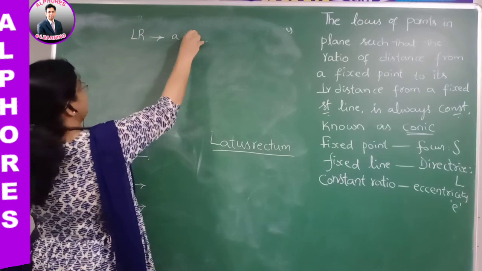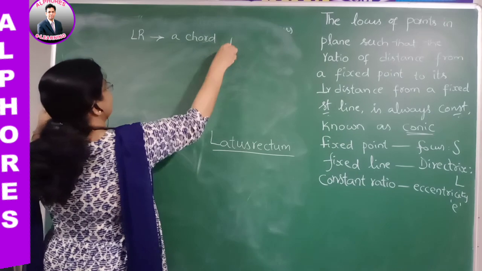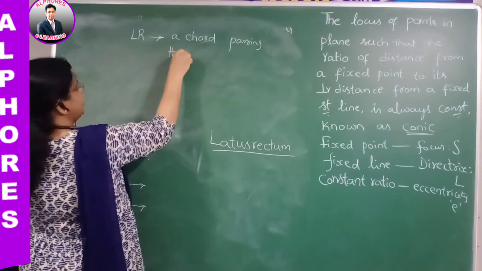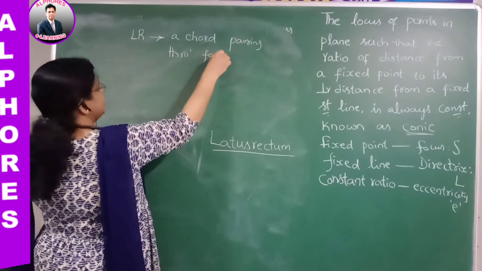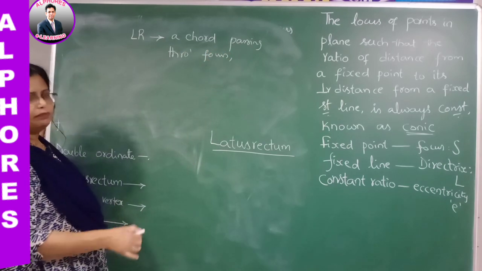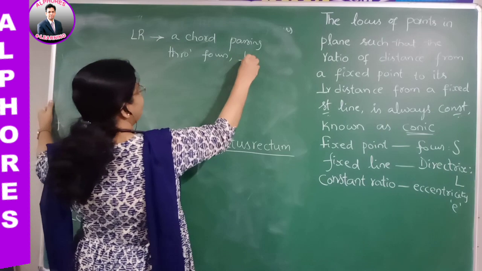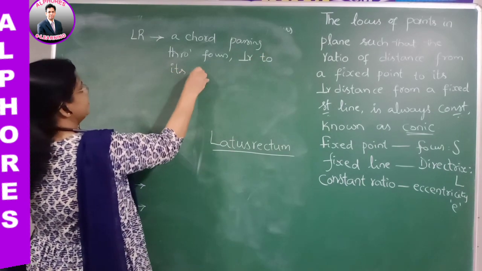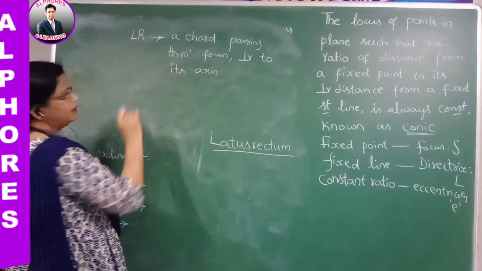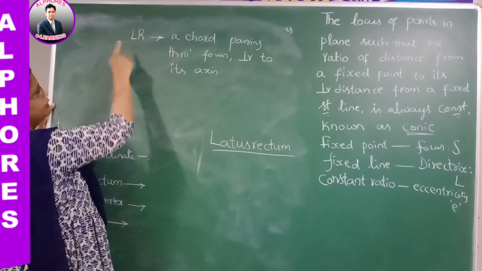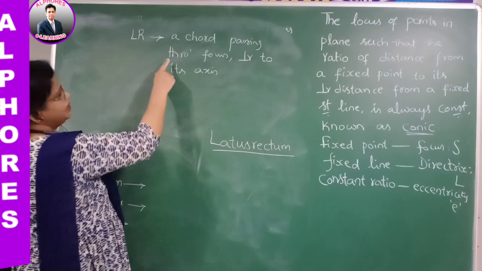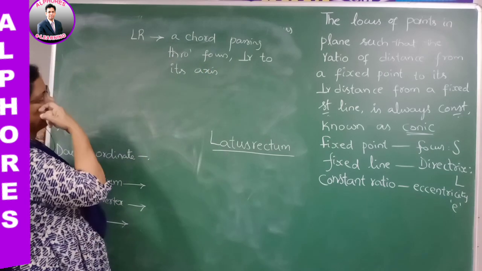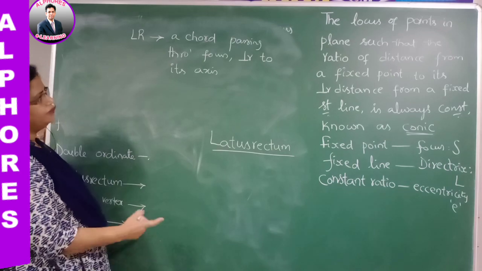How is this chord? It passes through the focus, and at the same time it must be perpendicular to the axis of that particular conic. Therefore the latus rectum is a chord which passes through the focus and is perpendicular to its axis. You can read this in another way also.